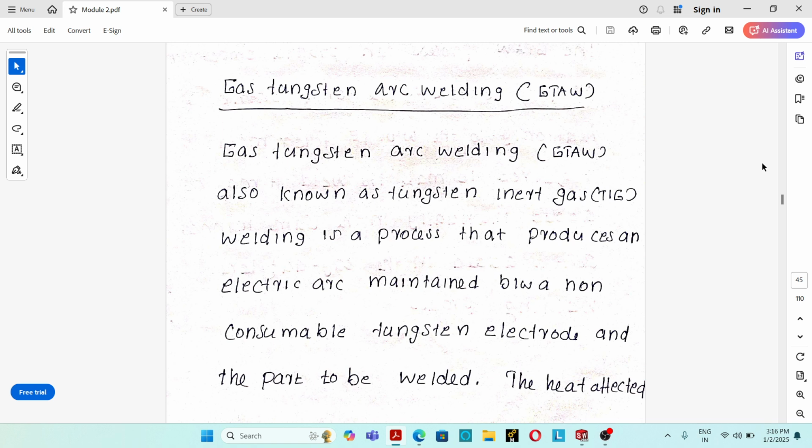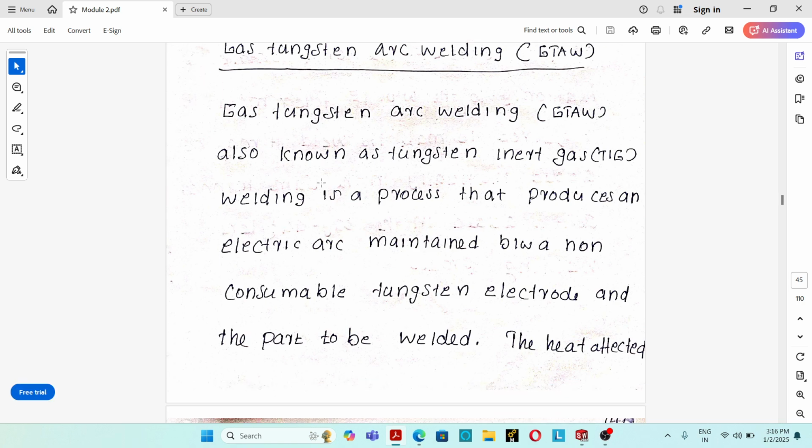In this welding process, the heat required for welding is obtained from the electric arc maintained between a non-consumable tungsten electrode and the part to be welded.